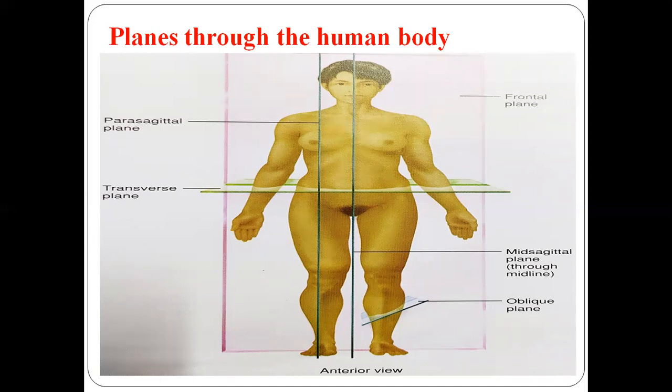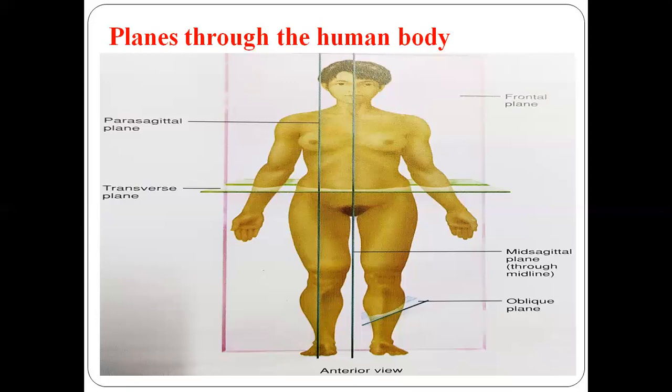Now we can see a frontal or a coronal plane divides the body or an organ into anterior and posterior portions. A transverse plane divides the body or an organ into superior and inferior portions. There are some other names for the transverse plane: cross-sectional or horizontal plane. This sagittal, frontal, and transverse plane are all at right angles to one another.